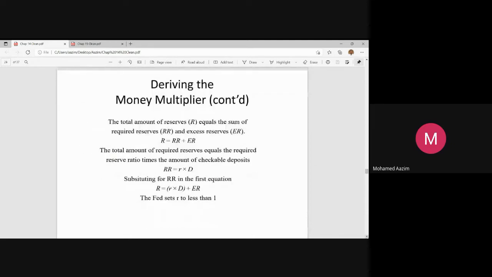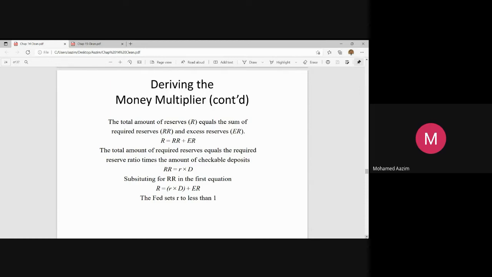So you see now this multiplier, and you already know the reserves maintained by the banks. Almost always, I can't completely say always, but almost always, the banks keep reserves in the form of required reserves and excess reserves. The amounts that they have to keep with the central bank is the required reserves. But banks keep something more than that.